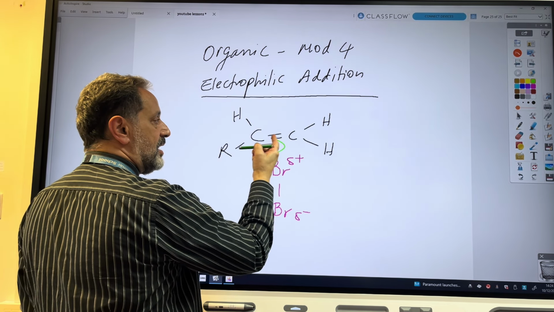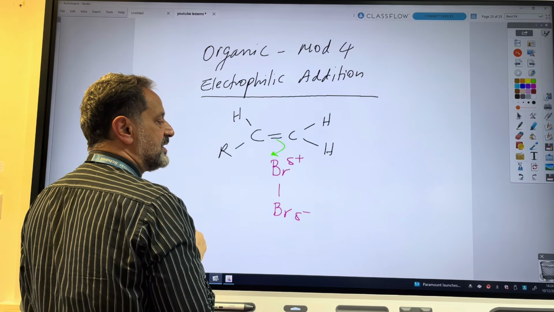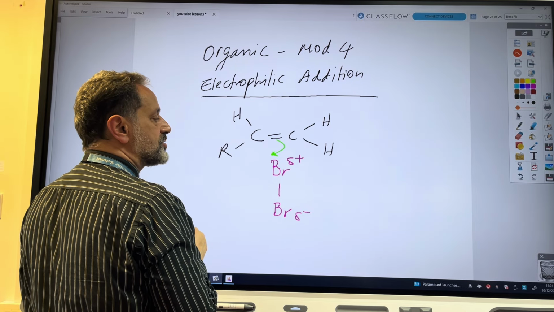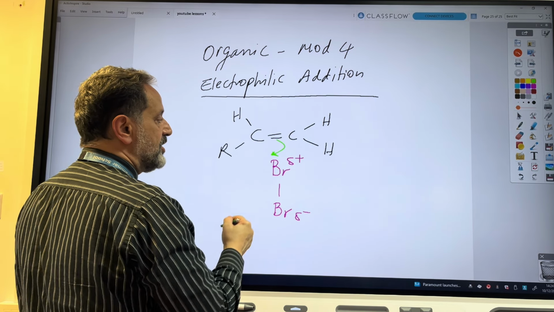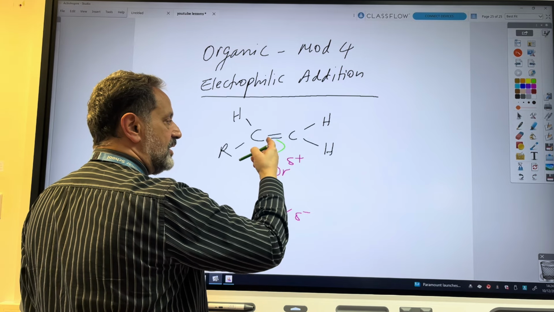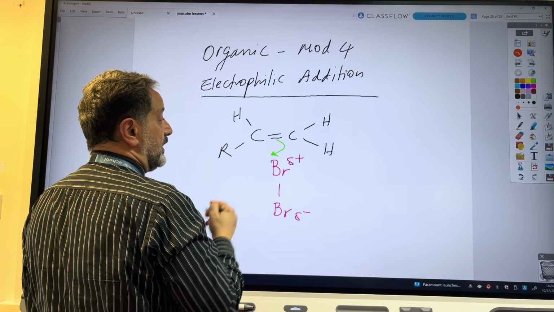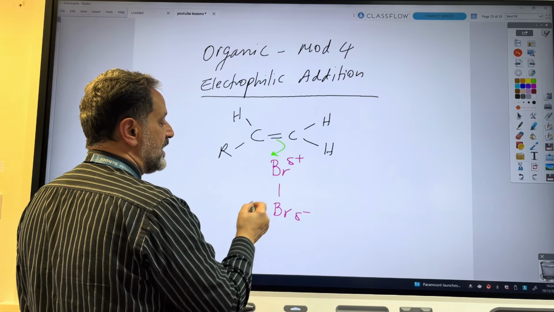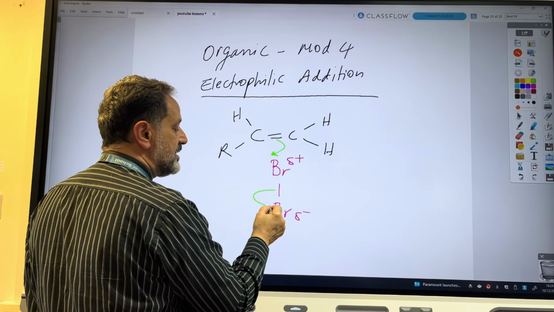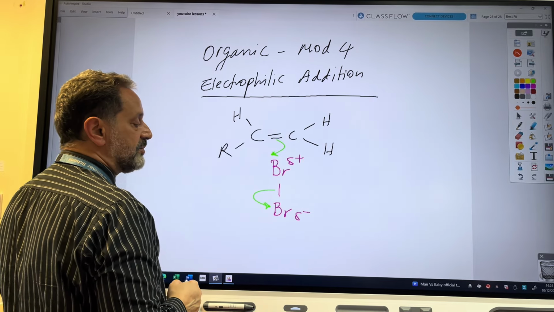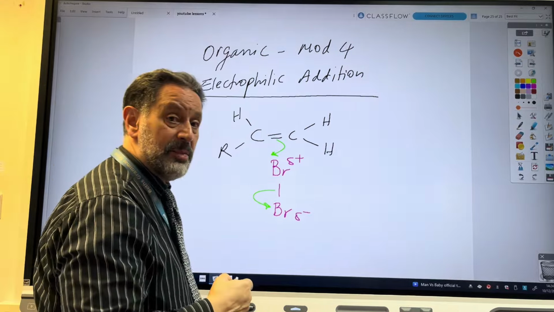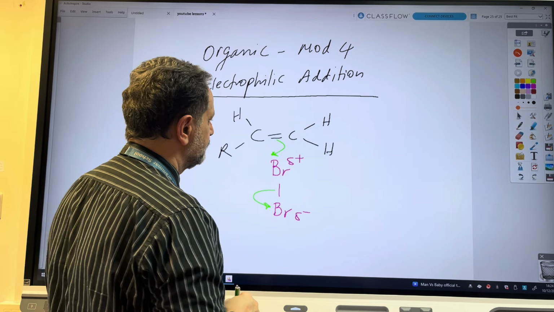So let's say that carbon wants to form a bond with that bromine. Of course, bromine cannot have 2 bonds. So when it forms a bond with either of these carbons, and I explained to you whether it matters in this case or not, then the other bond breaks and deposits its electrons on that bromine, turning it into a bromide ion.